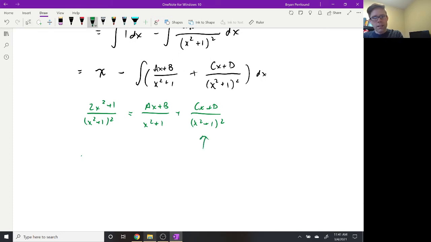Now, this already has the common denominator, so I don't really need to do anything to that one. But what I do need to do to this first one is just multiply by x squared plus 1. Okay, so I'm going to multiply both the numerator and denominator by x squared plus 1, and we're going to get something that looks like this.